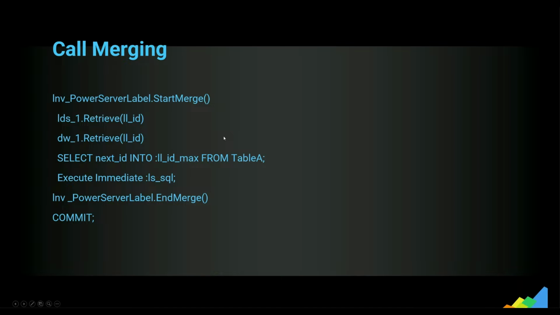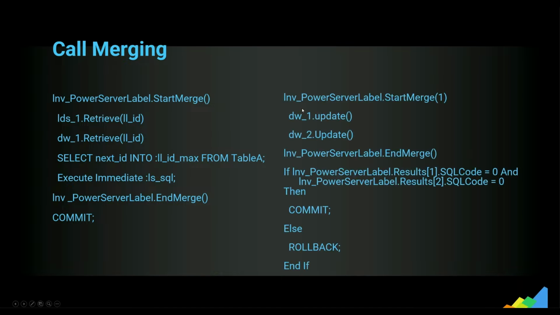So that can speed up performance of your application by 4. The second script, to the right, shows the stop mode parameter that you can use with StartMerge. This is 0 by default, but if you specify 1, like in this example, the request will return if any error occurs in the merged request, with the possibility of testing the results array and seeing if any SQL code reports a failure.